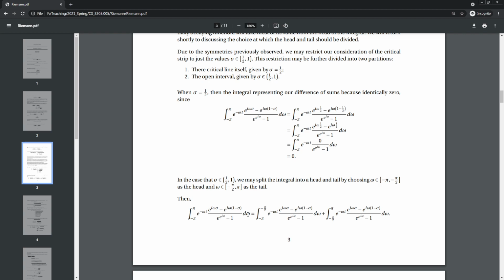Everywhere else, when you plug it in, you can split the integral into a head and a tail. Because this is decay, it's going to be a function which decays, so it goes down like this. In terms of absolute value, it's just this rapid exponential decay.